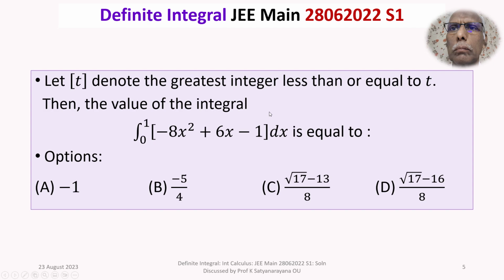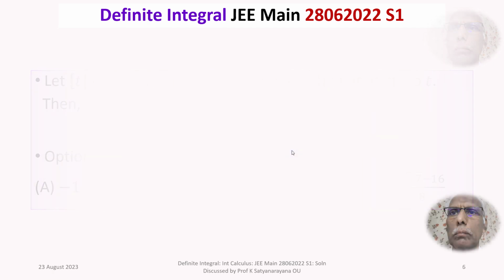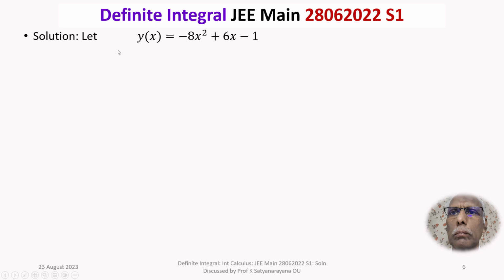Now we are required to find the value of this integral from 0 to 1 of [-8x² + 6x - 1] dx. We now discuss the solution of the problem in detail. Let y(x) = -8x² + 6x - 1.